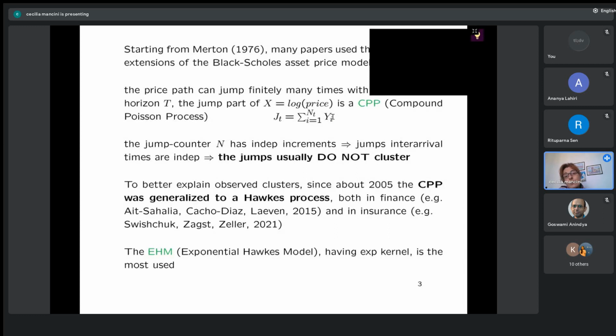So the sum of jump sizes from jump number 1 to the jump number N_t, the number of jumps occurred until time t.